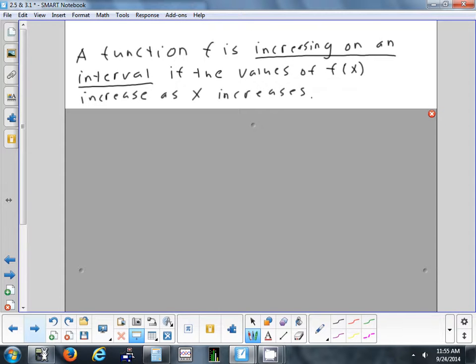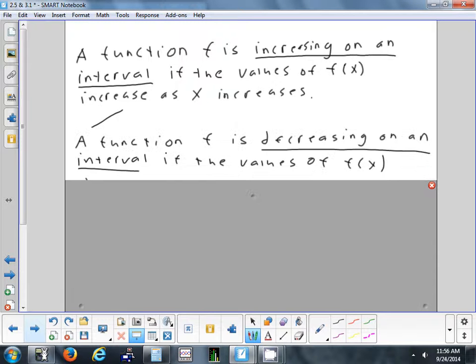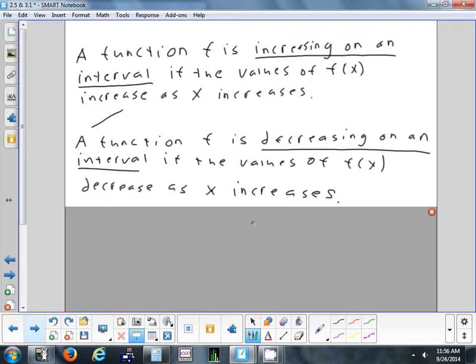So basically the formal way to say when a function is increasing: if x goes up, y goes up. If the values of f of x increase as x increases, then we say it's increasing. And increasing looks like that line. And then decreasing, basically as x goes up, y goes down. Or formally, the way the book says it, a function is decreasing if the values of y, or f of x, decrease as x increases.